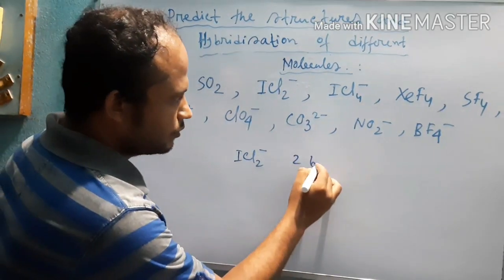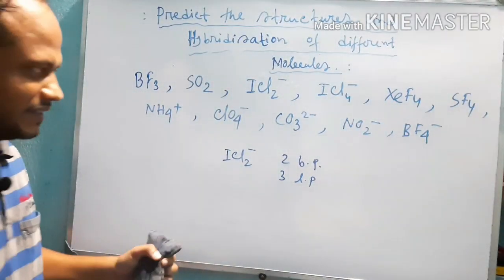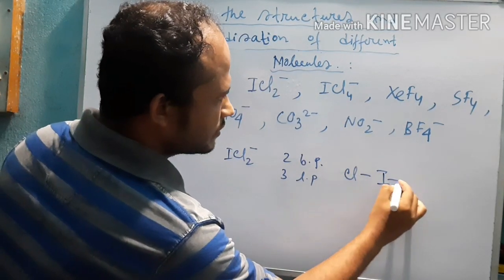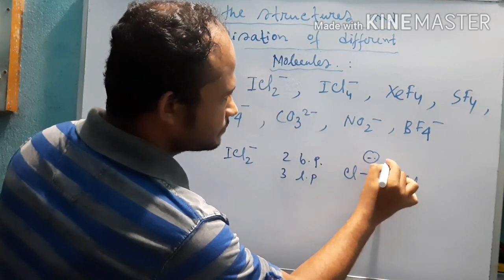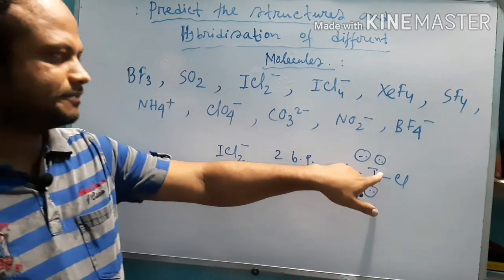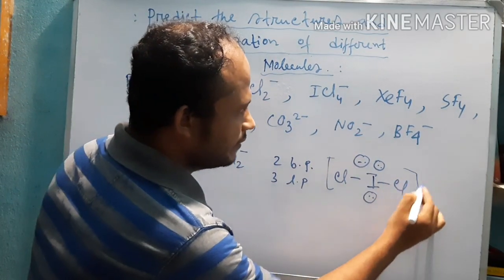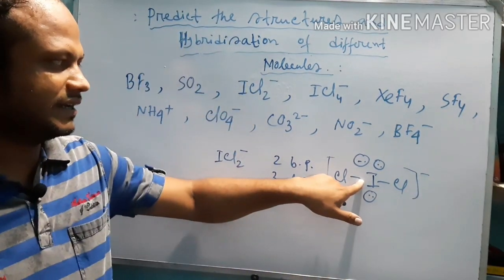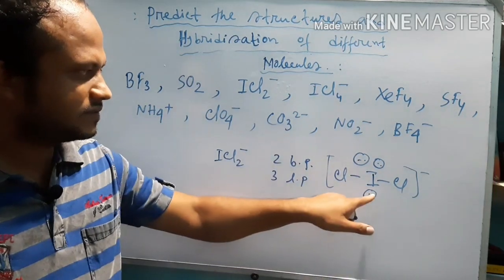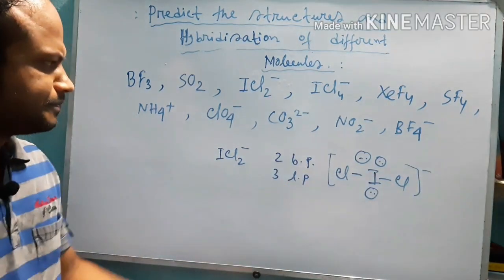So 2 bond pairs and 3 lone pairs, and the structure will be like this. Here the total number of valence electrons of iodine is 1, 2, 3, 4, 5, 6, 7, 8 with the 1 minus charge.